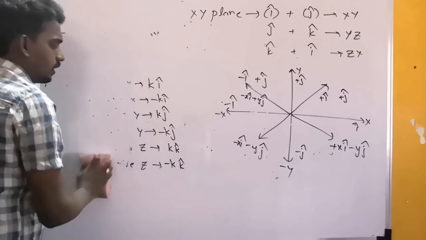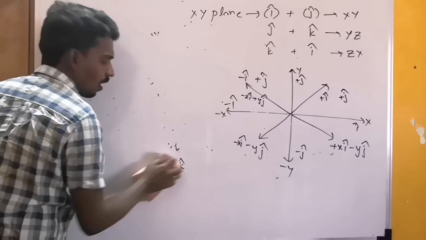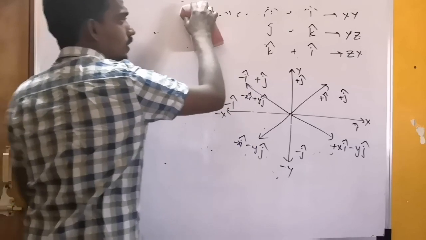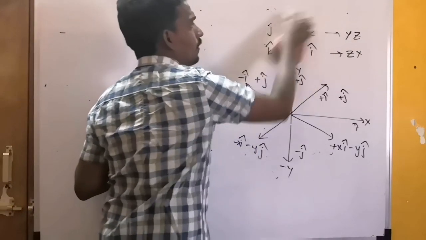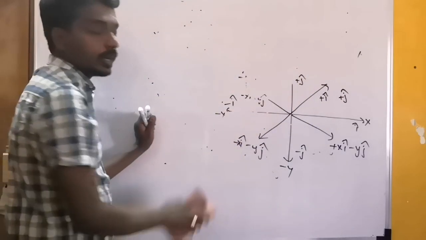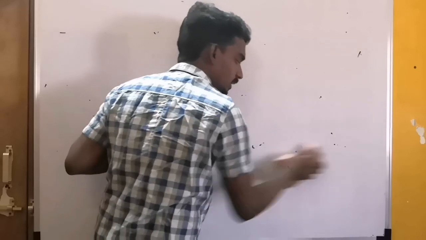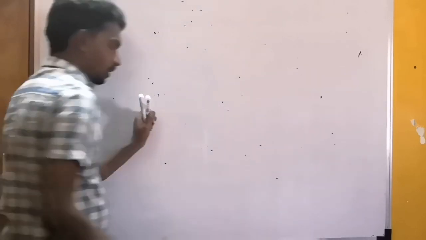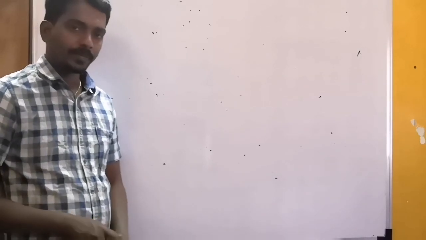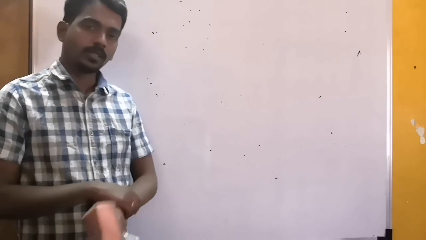But here the basic and fundamental, the first vector, is the position vector. What is the first vector we have in physics? Position vector, nothing but displacement vector. Let's study about that so that you will understand clearly. Because further, velocity, acceleration, linear momentum, force, all depend on this only.